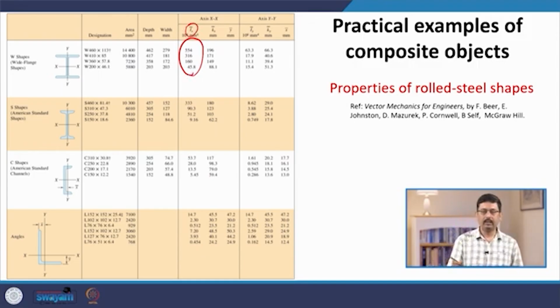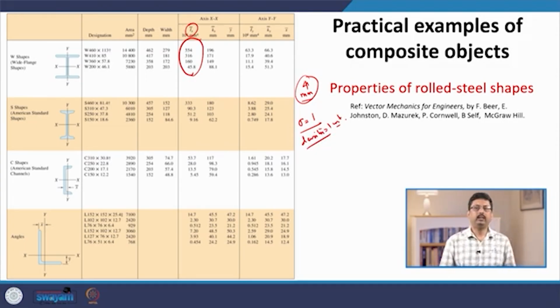There are several other properties which we are not going to discuss now. Note that this is given in the unit of millimeter 4, assuming that it is independent of the density. So, we are assuming here that the density is 1 unit.